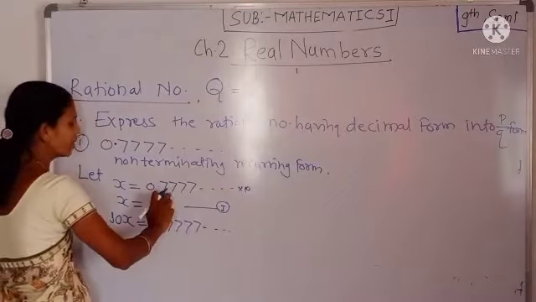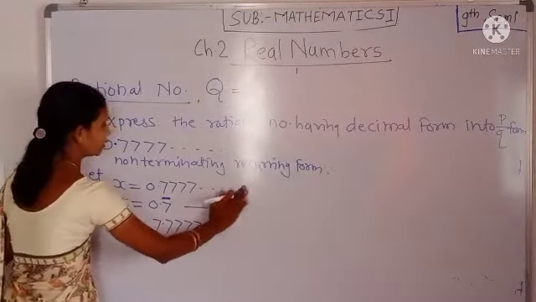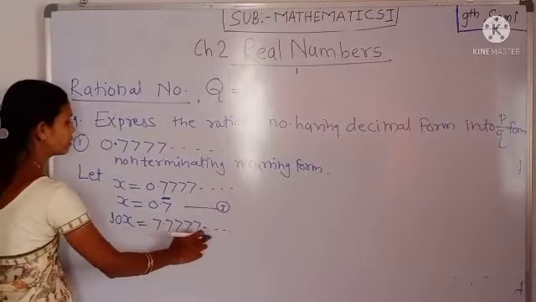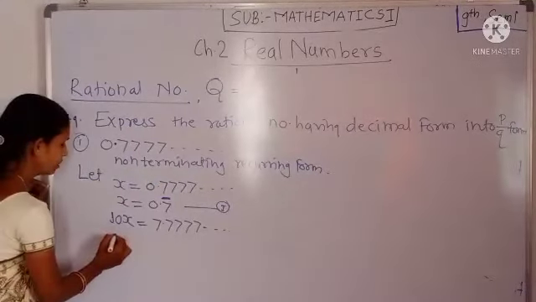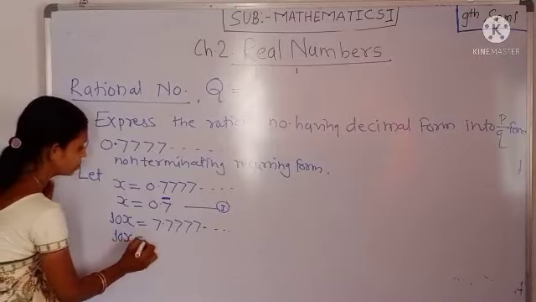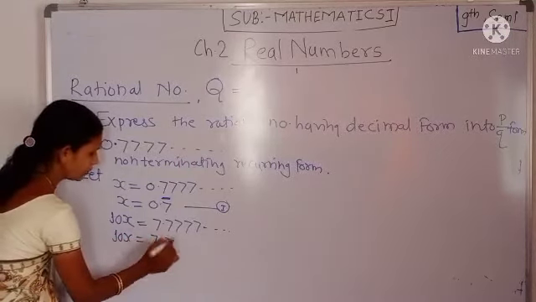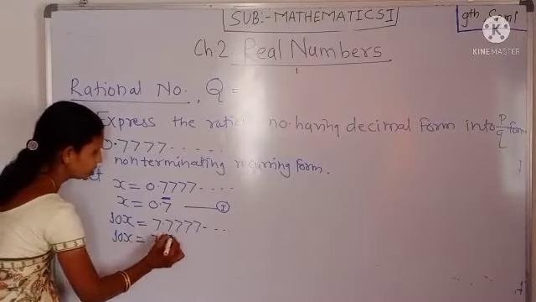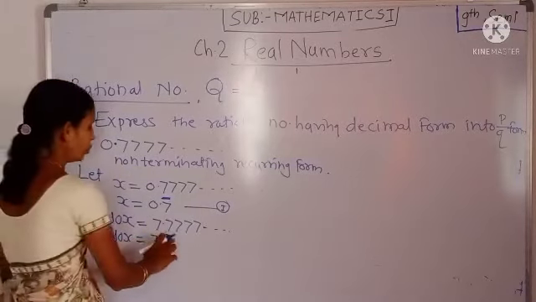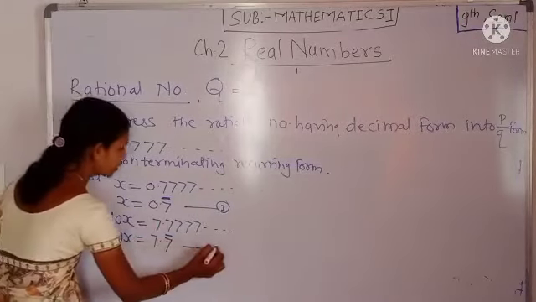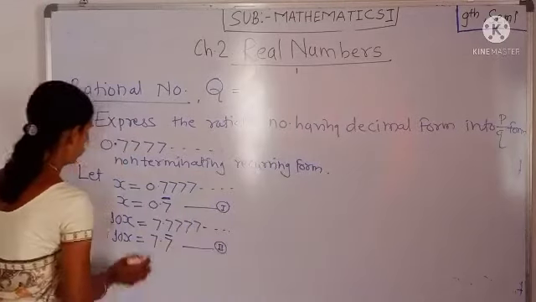Then we get the value 7.777. Therefore 10x is equal to 7.7 with a bar. The repeating number is written once and the bar symbol is used over it. Let this be equation number 2.